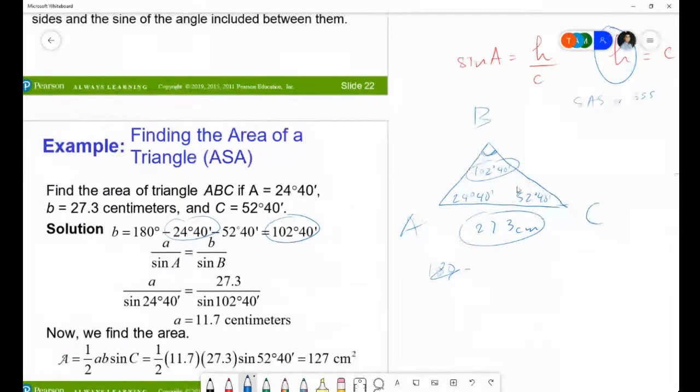So we can have side, angle, side. Here we're solving for A. So to solve for A, we're going to set up A over sine A equals B over sine B. Plug it in.